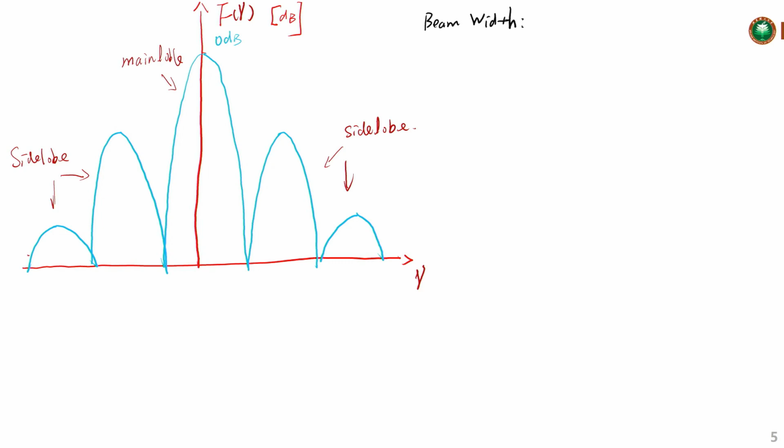So for the beam width, because it is in the x-theta plane, we call it beta x theta. It should be expressed as the beam width, or it can also be called the half power beam width.